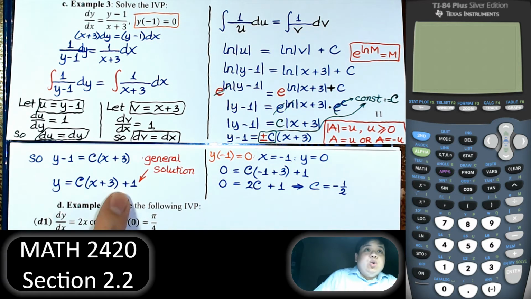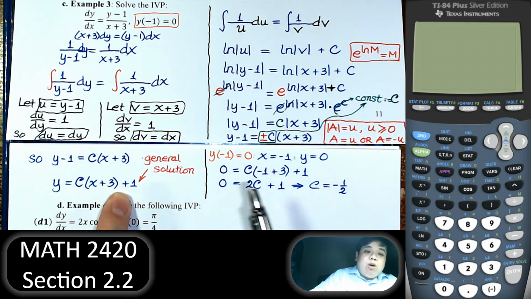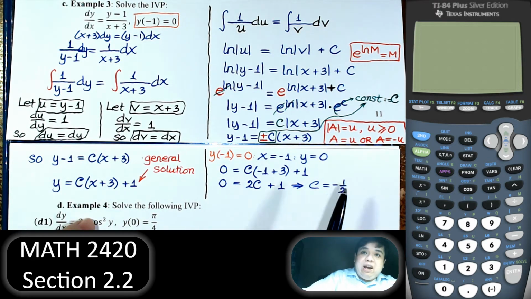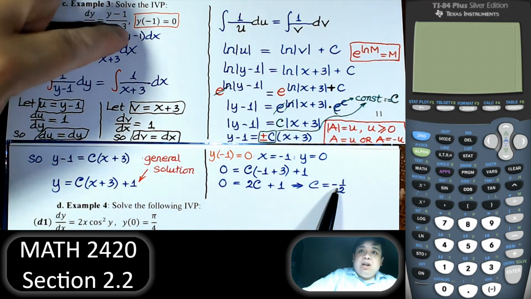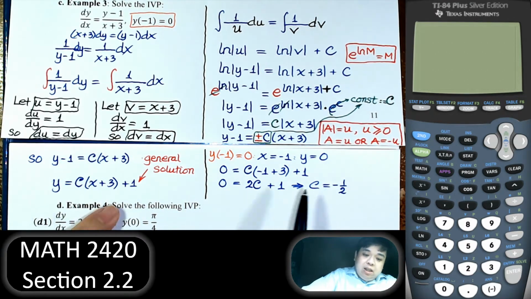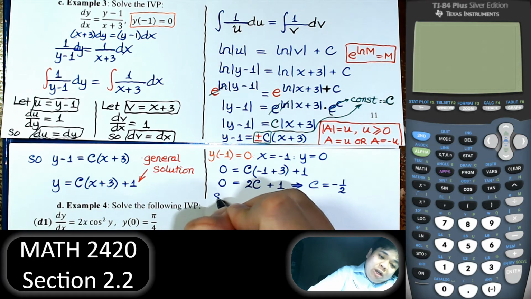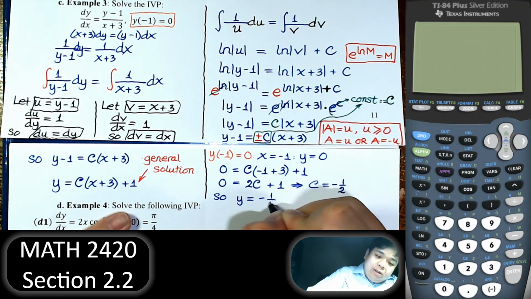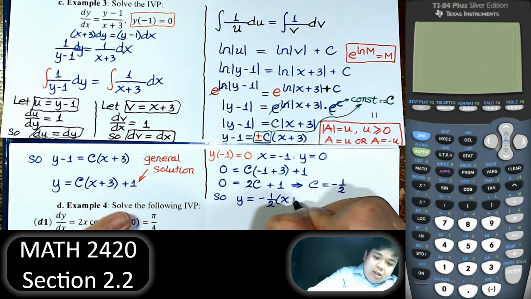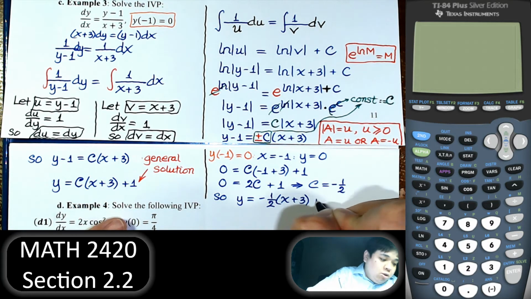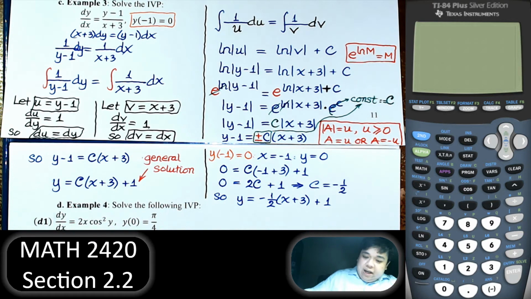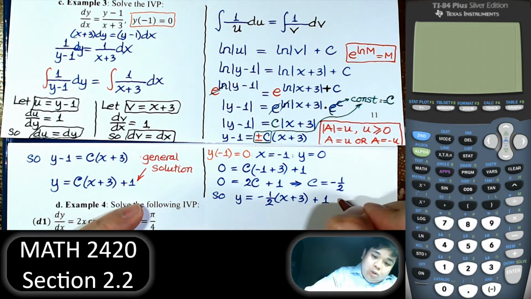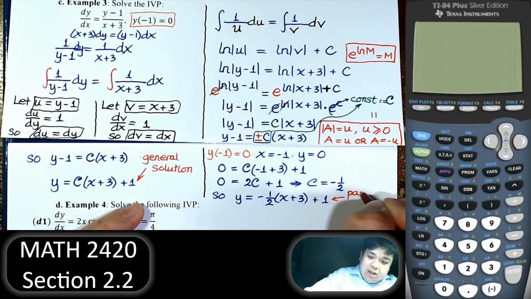So the general solution has c in it. For the initial value problem, we have c equal to negative 1/2, for that particular initial condition. So we have y equal to negative 1/2 times x plus 3, plus 1. And this is a particular solution to the IVP.